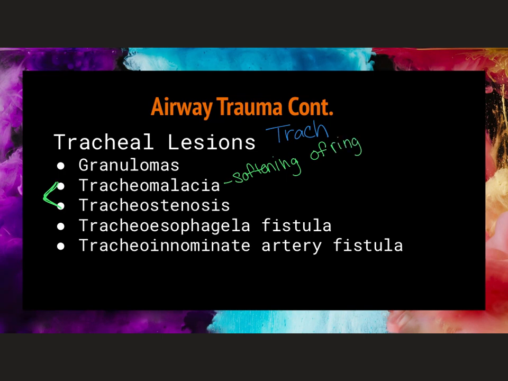If the rings in the trachea become soft, it's not going to work properly to act like a stent to keep that airway nice and open and patent. It's going to cause that trach to collapse, and then it's going to cause obstruction. Tracheal stenosis causes narrowing of the trachea, and scarring.